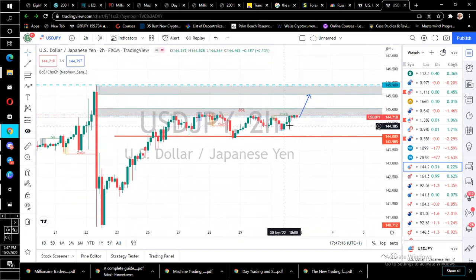But for now, I will be looking forward to go long on USDJPY, except I see a shift to the downside, like a shift like this. And I want to see them trade into the fair value gap, then go down with them. Based on experience, what I'm actually expecting these guys to do is a little stop hunt to the upside, then a little push to the downside. But for now, I'll be expecting them to go to the upside.